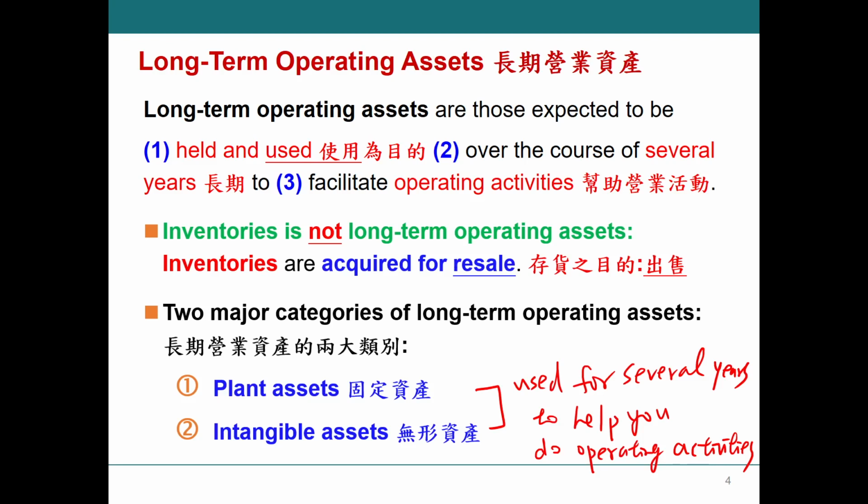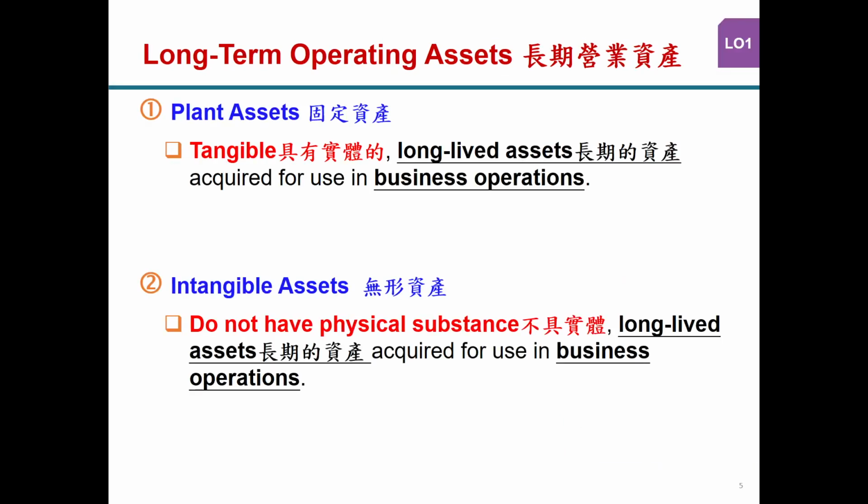The only one difference is, plant assets and intangible assets, the only one difference is plant assets have physical substance, 实体. So what does that mean? You know their shape. You could touch them.